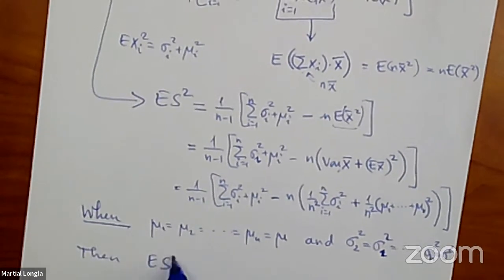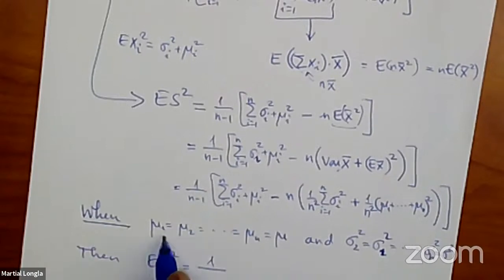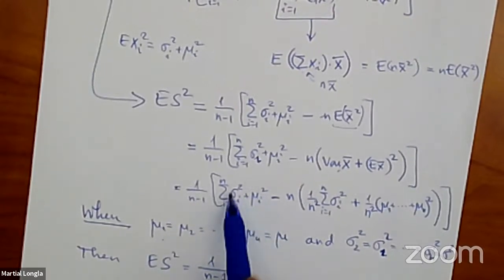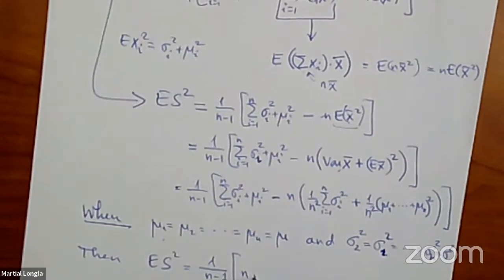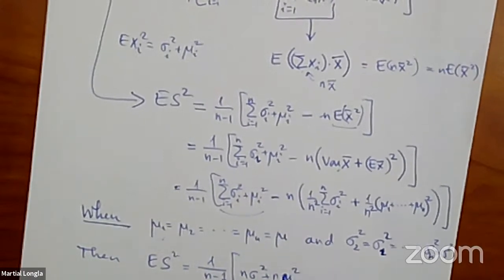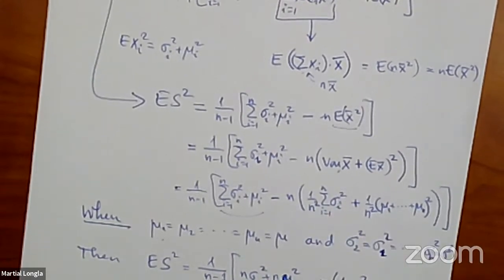It's not all the time that it's equal to what you think. It's under those conditions that you have the equality that we talked about, right? If they are all equal, then this is n sigma squared plus n mu squared. This first part, because they are all the same, minus, now here this is n sigma squared, so that's 1 over n. All right, sorry.